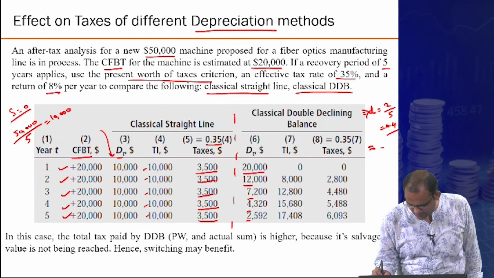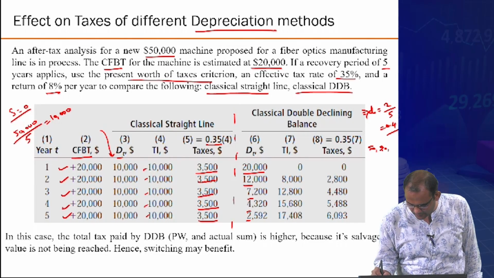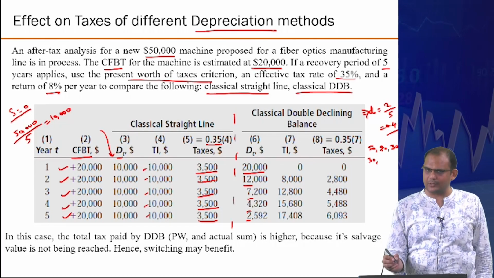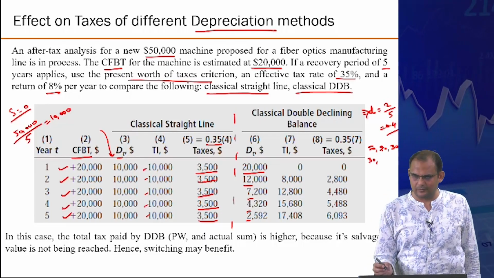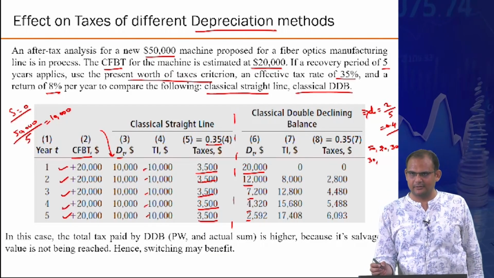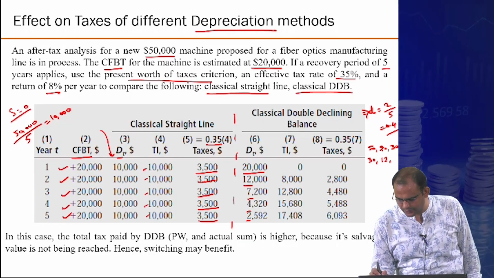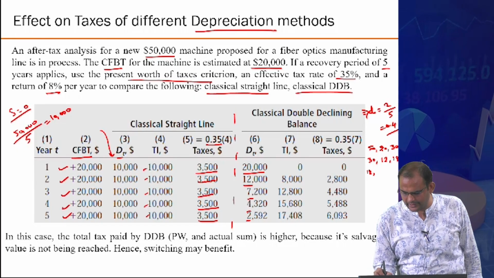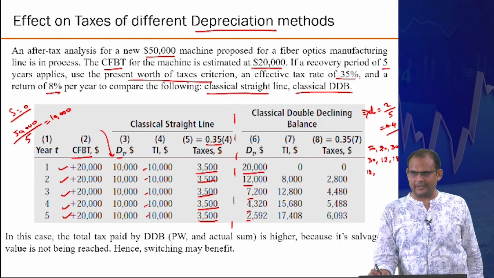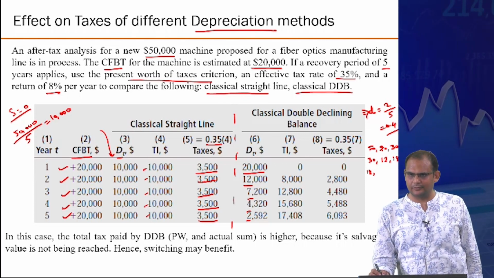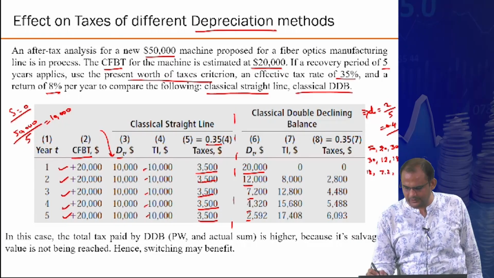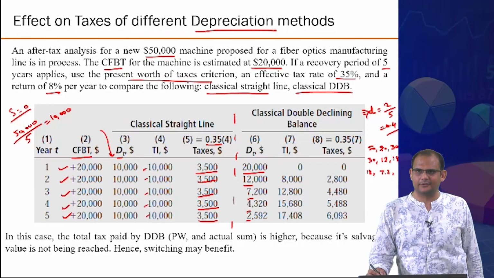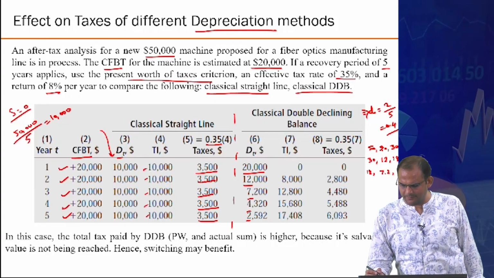So the depreciation amount in the first year is 20, the book value is 30. Depreciation amount in the second year is 30 times 0.4, 12. So, the book value is 18. Depreciation amount in year 3, 18 into 0.4, which is 7.2. Remaining is how much? 10.8.